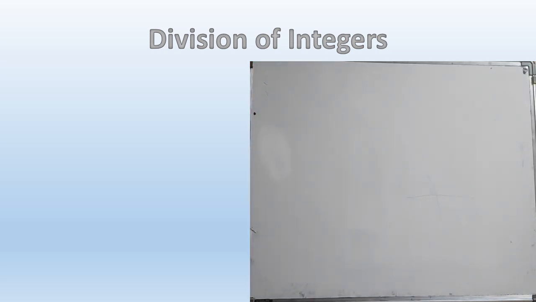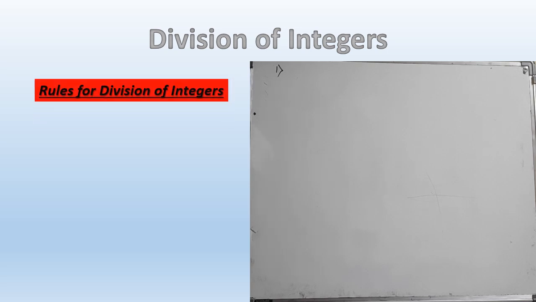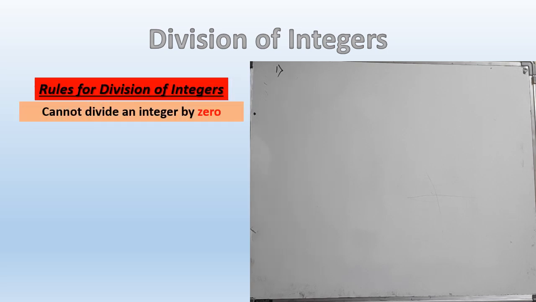Now, the very first and basic rule of division is that you cannot divide by 0. Your divisor cannot be 0 or your denominator cannot be 0. Please students, keep this in mind. In a fraction, a denominator cannot be 0. Okay, now let us move on with the division of integers.